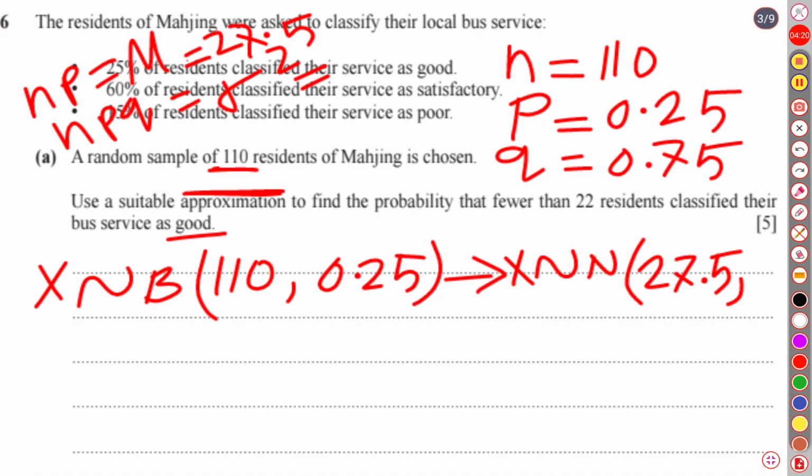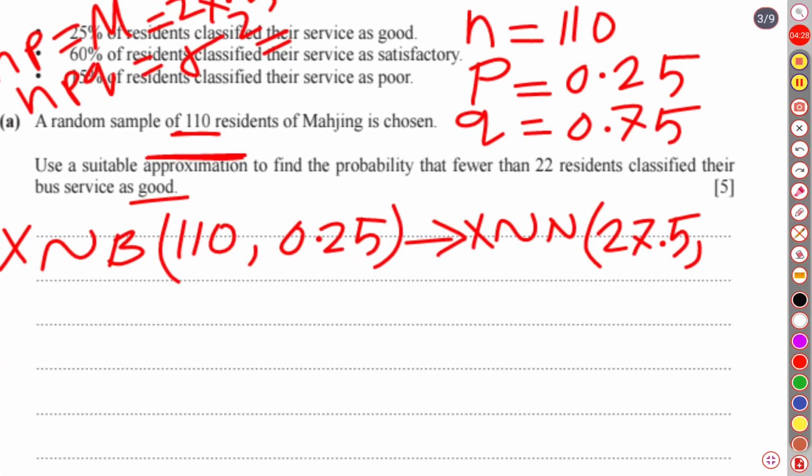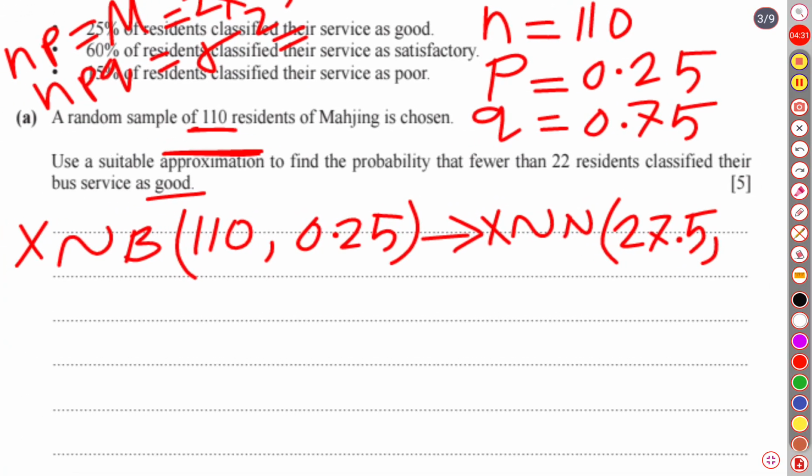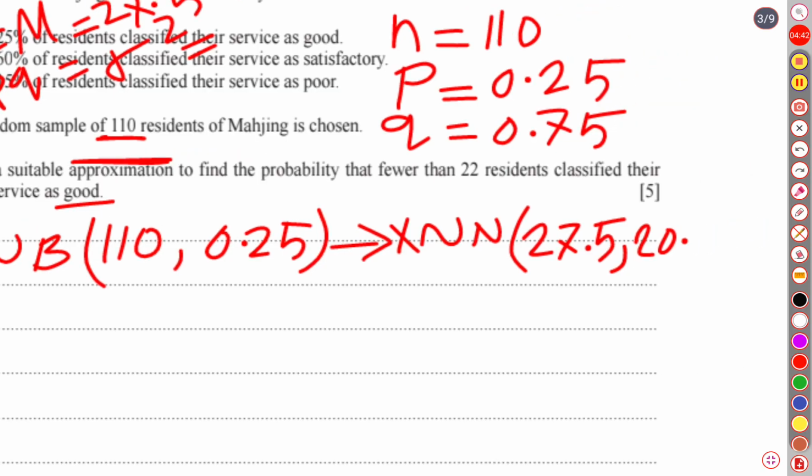If we multiply 27.5 by q, which is 0.75, it is going to be 20.625. So we have written this is the mean and this is the variance. Variance is the square of the standard deviation, and we denote standard deviation as sigma.